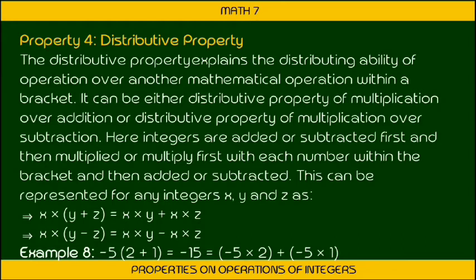Here, integers are added or subtracted first, then multiplied, or multiplied first with each number within the bracket and then added or subtracted. This can be represented for any integers x, y, and z, as in the example. Negative 5 times 2 plus 1 is equal to negative 15. So therefore, it could also be distributed like negative 5 times 2 and negative 5 times 1.